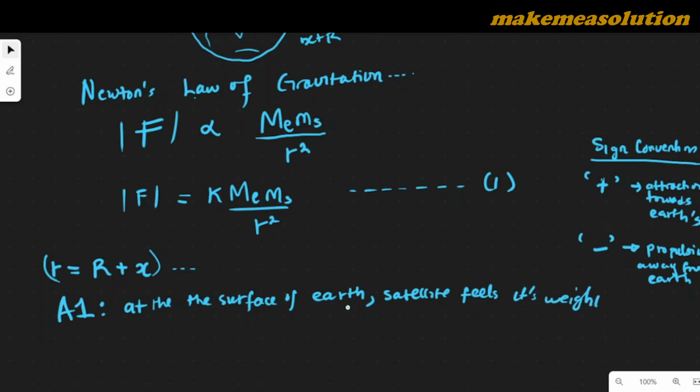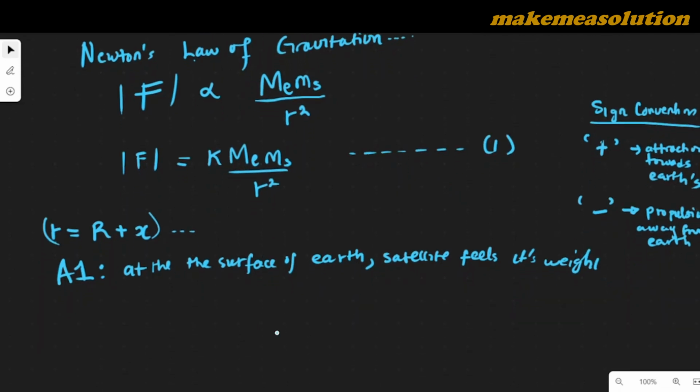Is that okay? And since the satellite feels its weight at the surface of the Earth, then the magnitude of the weight is given to us as mass of satellite times what? Gravity. Are we together? So the weight of the satellite is mass of satellite times gravity. That's the magnitude, and this is equal to k m_e m_s over r, where r becomes R plus x, all squared.